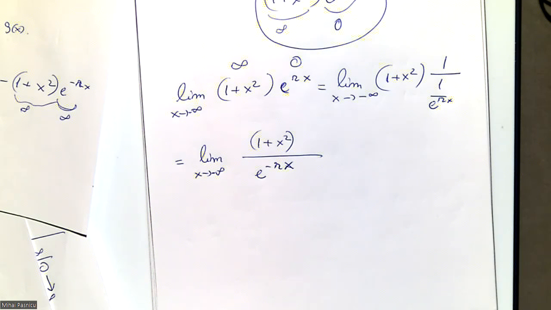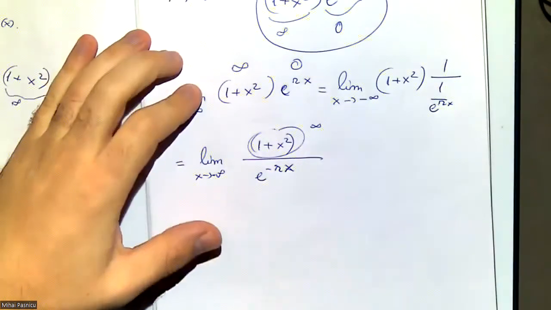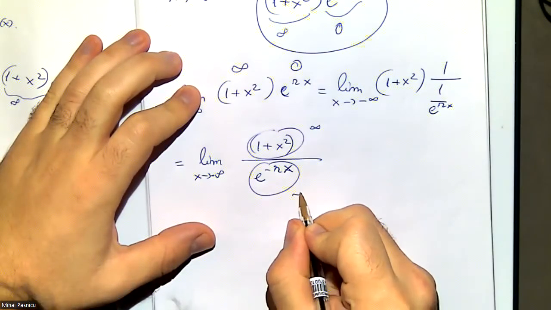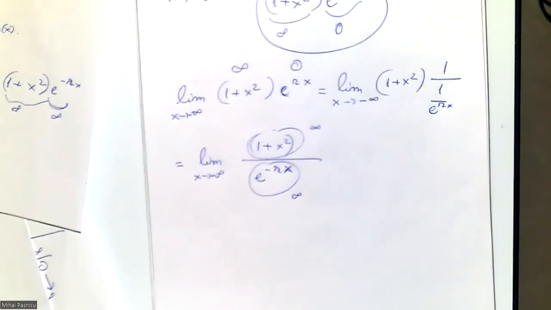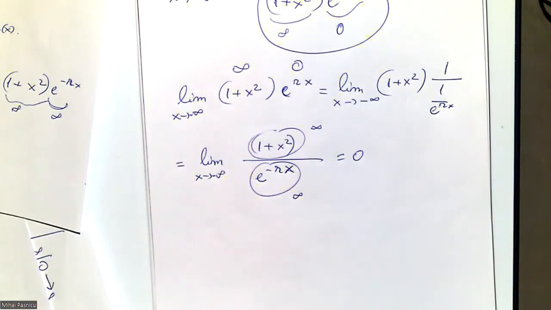Let's see, where does everything go? This goes to infinity. This goes to infinity as well, because it's minus infinity there.